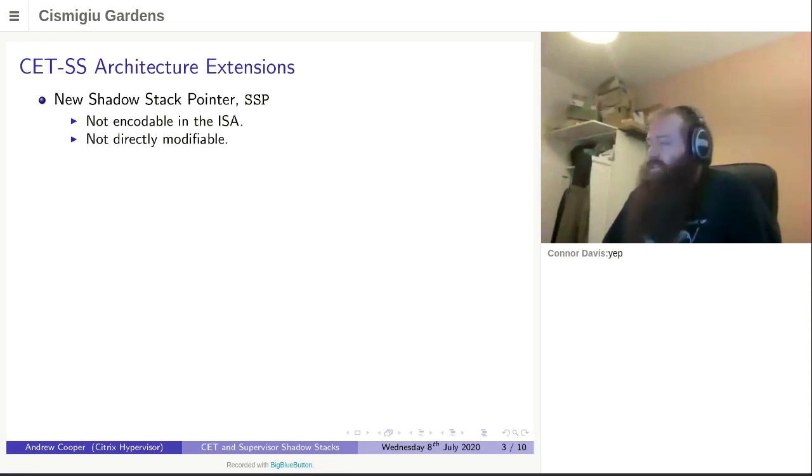There are some extensions to the architecture for this. There is the new shadow stack pointer register, which is separate to the regular stack pointer register. It is not encodable in any instructions. It's not a general purpose register like that. You also can't directly modify it.